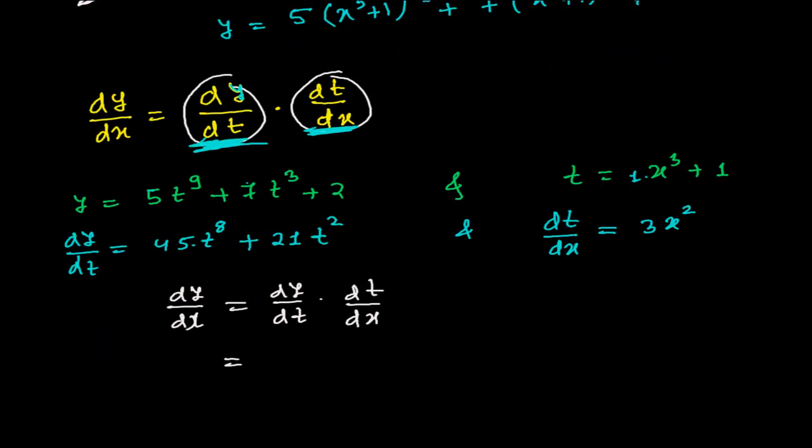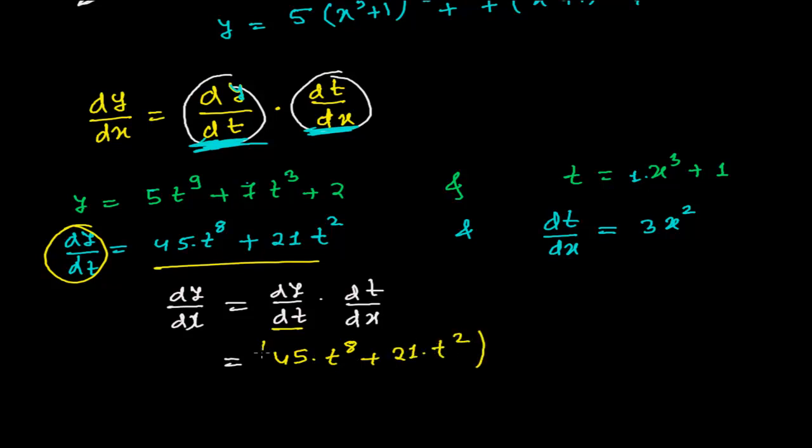Well, now let's put the values. We have already got dy by dt here, so in this place we need to write this value, which is 45 times t to the power 8 plus 21 times t to the power 2, right? And now let's write the other one, dt over dx, which we have already found out, 3x square, so times 3x square.